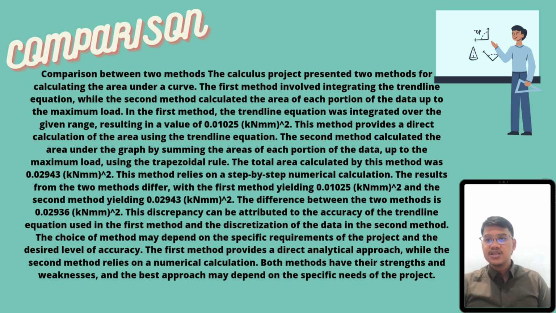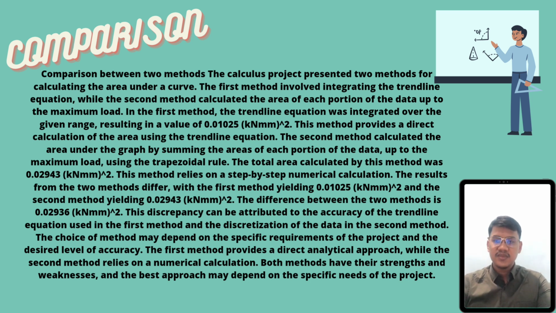Alright, so let's move on to the comparison between the two methods. As you can see from the previous slide, the first method provides a direct calculation of the area using the trend line equation, and for the second method, we have calculated the area under the graph by summing the areas of each portion of the data up to the maximum load using the trapezoidal rule.